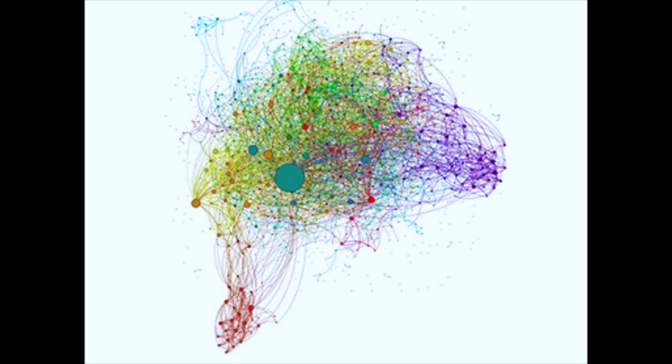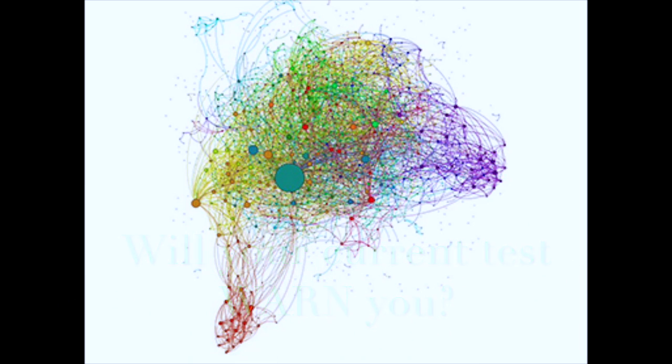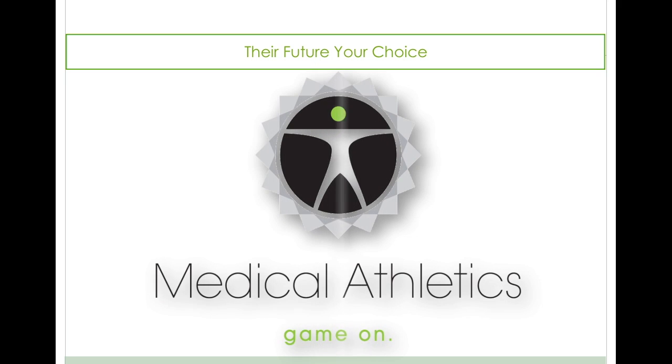Will your test warn you or your doctors early, or will it be too late? That's really what it comes down to. Because in the end, it's your brain, your child's brain, and the question is, will you let us make it the best brain possible?